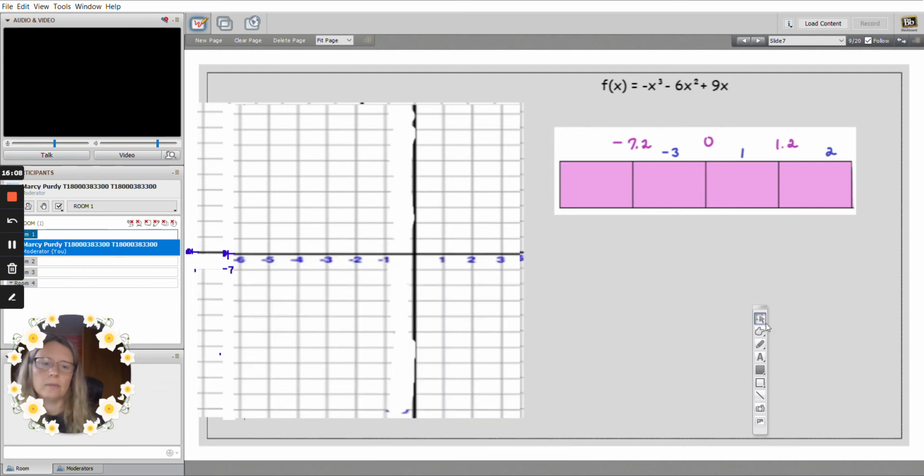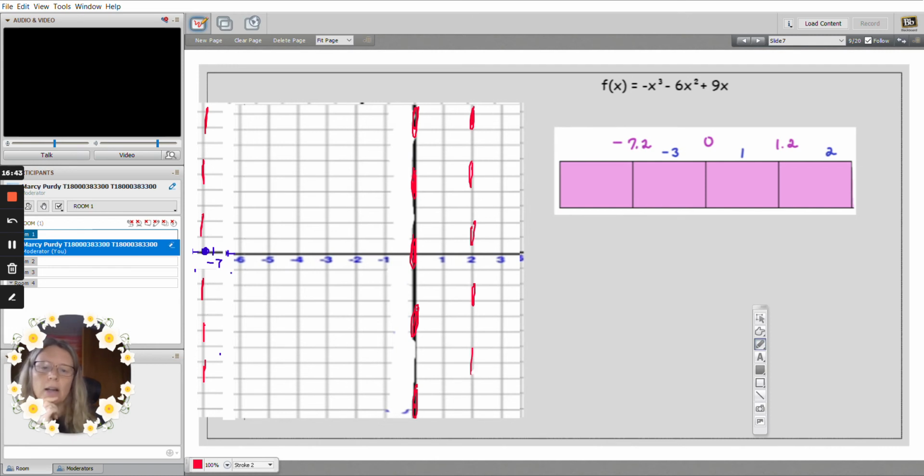Give me a second. All right, so here's going to be our negative 7, and then negative 7.2 is going to be right about there. So that will be one of our x-intercepts. So I'm going to put my red dashed line down through here, and then we'll have another one at 0, and we'll have another one at 2.